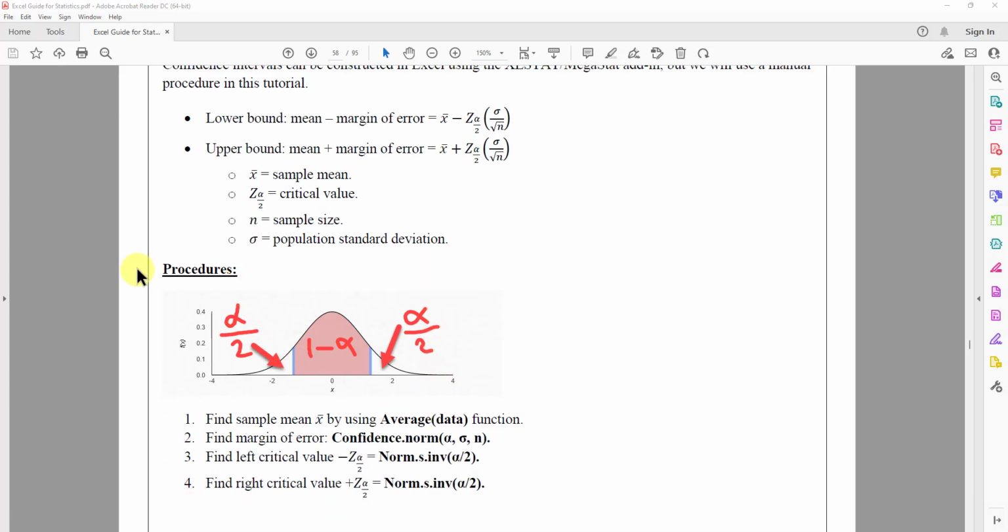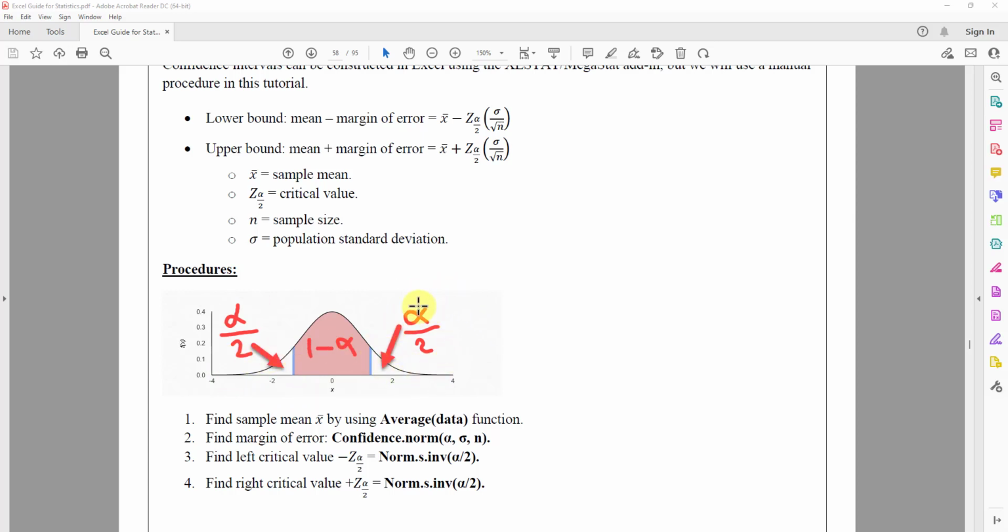Looking at the procedures, we know that we have alpha over 2 on the left and alpha over 2 on the right. Together, they are alpha, which is the significance level. And the middle region has 1 minus alpha, because 1 is the entire area under the curve.